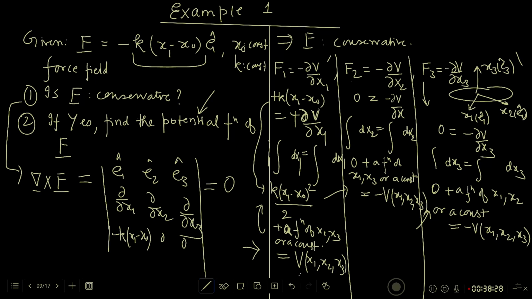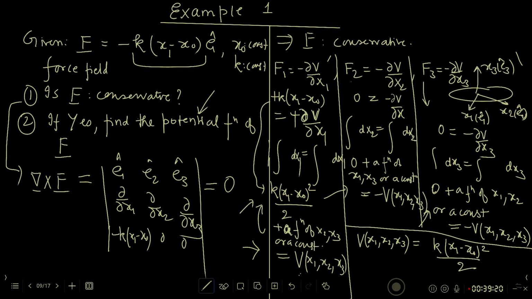Now if you pay attention to all the conditions, you should be able to get to the conclusion that v should turn out to be k times (x1 minus x0) whole square by 2, which I got from this, plus a constant.